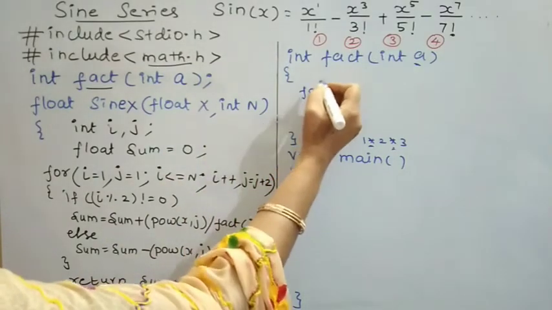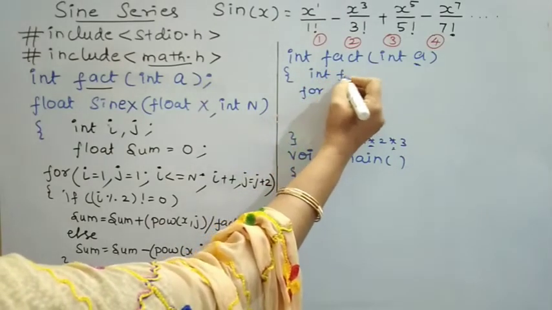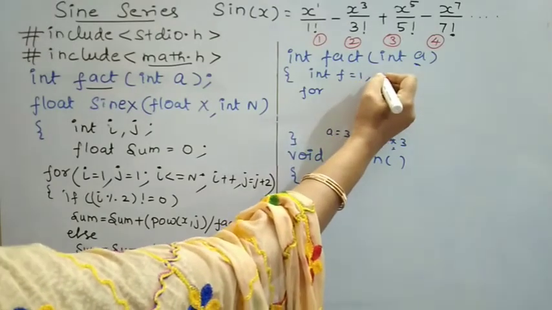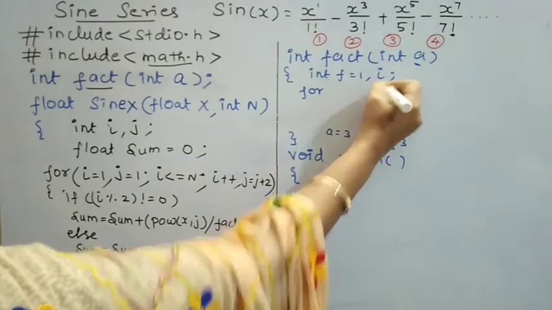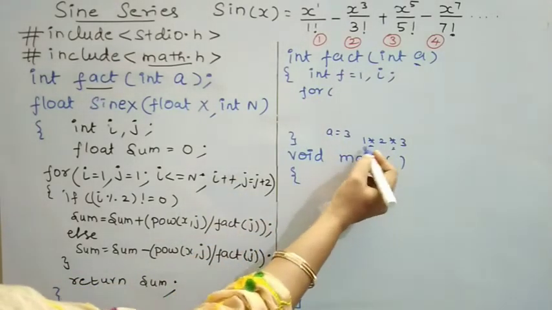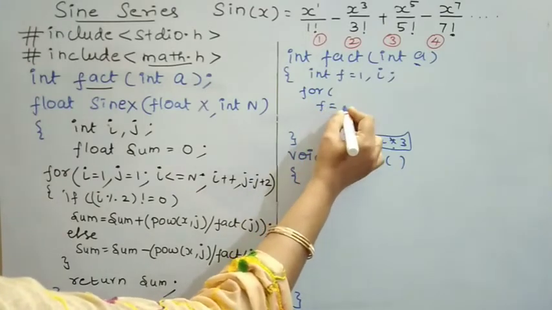Before that, I am declaring an integer variable called f, which is the factorial of the given number. It is initialized to 1 and I am going to use a loop variable j. Inside the for loop, I need to write the statement to compute this: f equal to f into j.